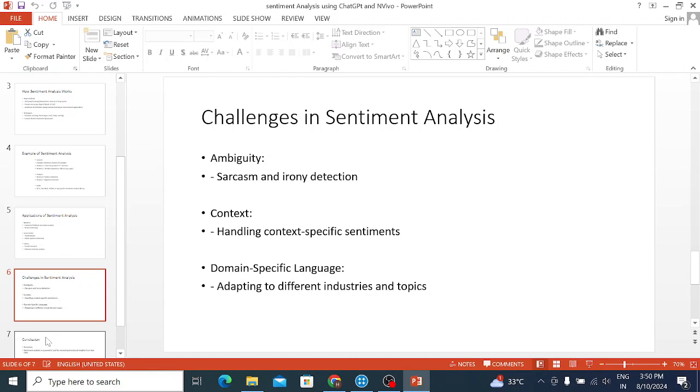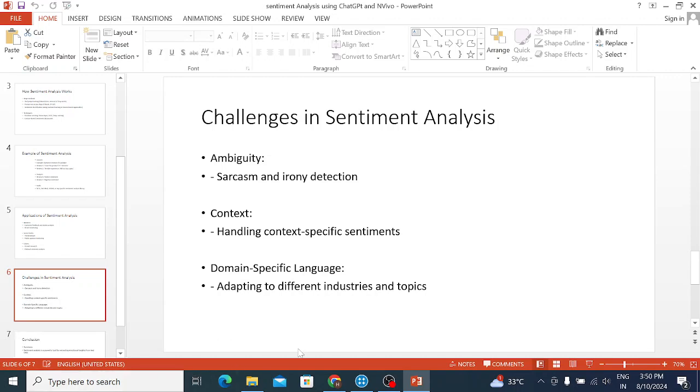And then at times there is ambiguity in the word itself. And then the most important is the context. Sometimes it is very important to understand the context in which a particular word has been used rather than simply looking at the semantic part of it. And obviously, in some languages, the sentiment analysis algorithm may not work.